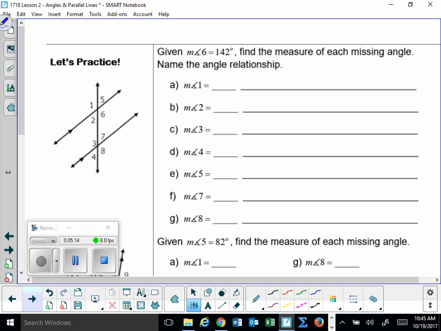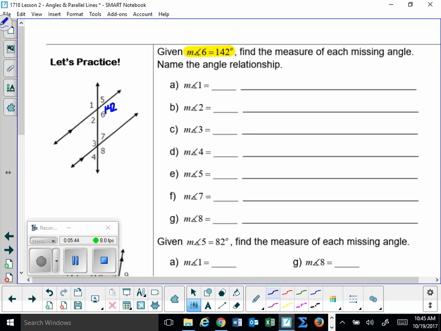Okay, so given the measure of angle 6 is 142 degrees. All right, before I do anything else, I'm focusing in on this information and I'm going to annotate it on my diagram. So angle 6 is 142 degrees. Super important. Find the measure of each missing angle and name the angle relationship.